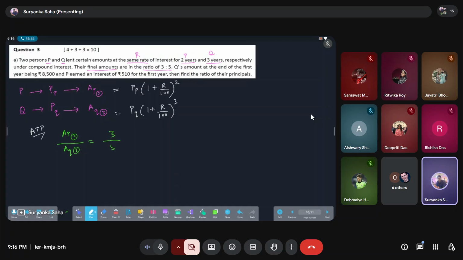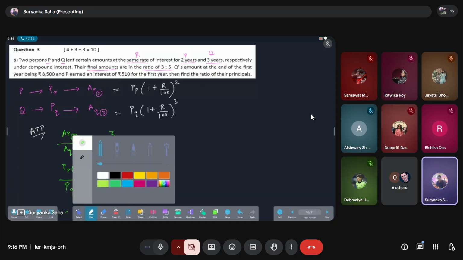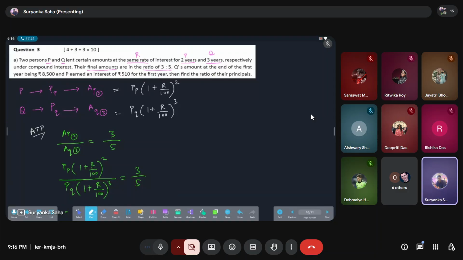In place of AP, I will write PP into (1 plus R by 100) square, by PQ into (1 plus R by 100) cube, equal to 3/5. Now this term will get cancelled out, and the powers 3 minus 2 will leave power 1. Understood everyone?